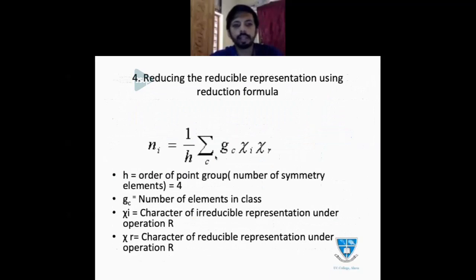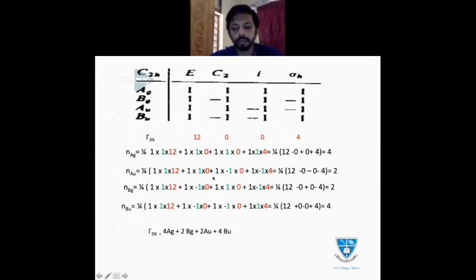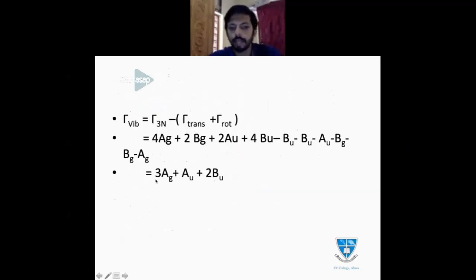Okay, so this is the C2h character table, and you obtained Ag, Bu, and Au as the vibrational modes. These are the final states you obtain: Ag, Au, and Bu.